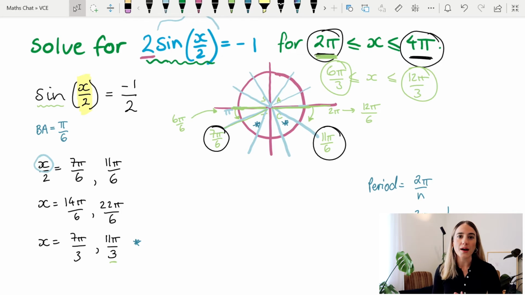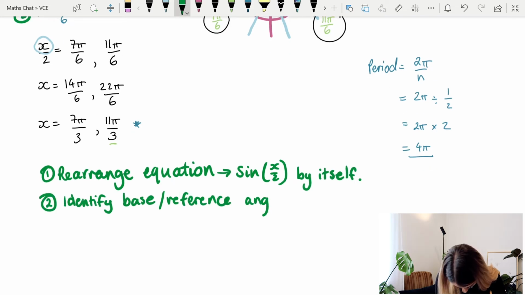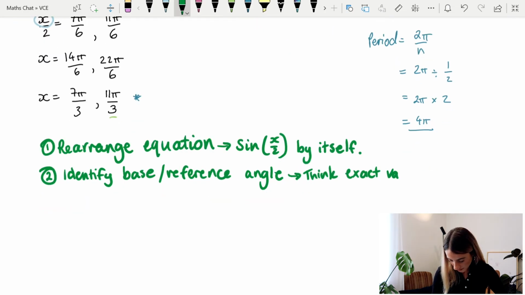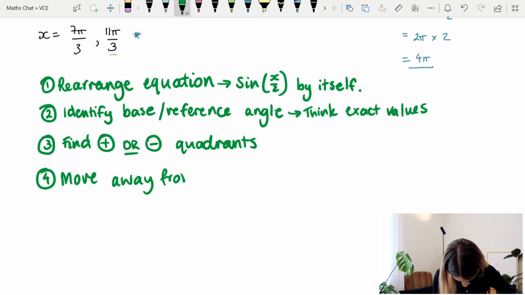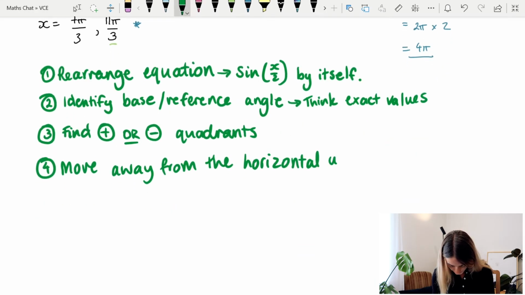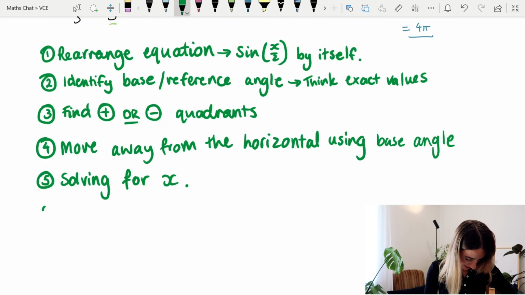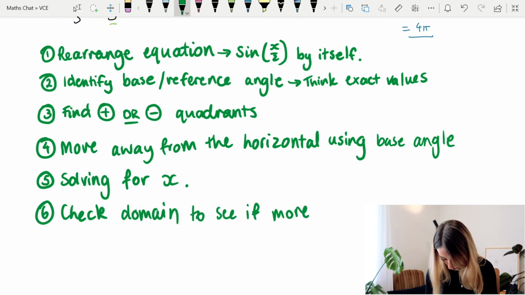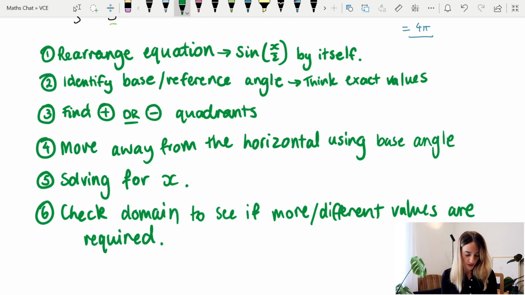Let me quickly recap what we did to break it down into the steps. Alright, so there's a summary right there.